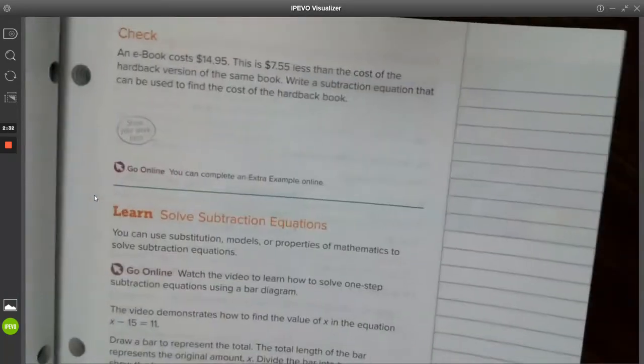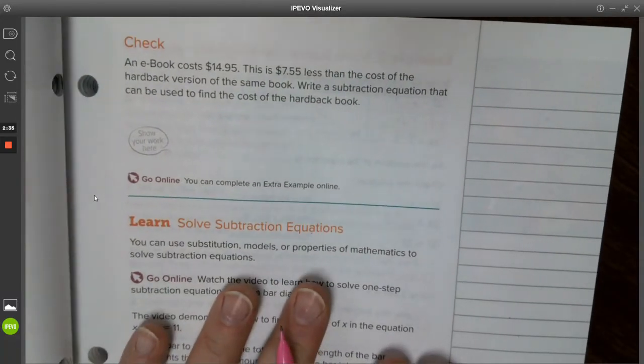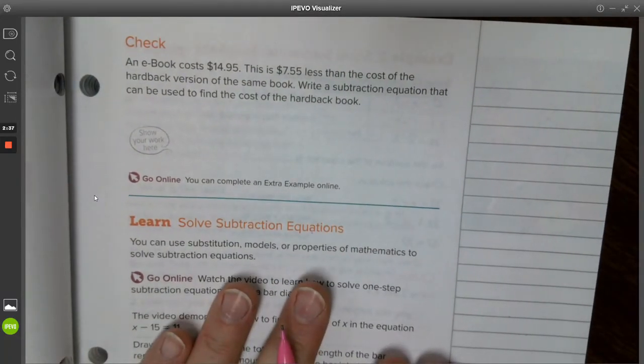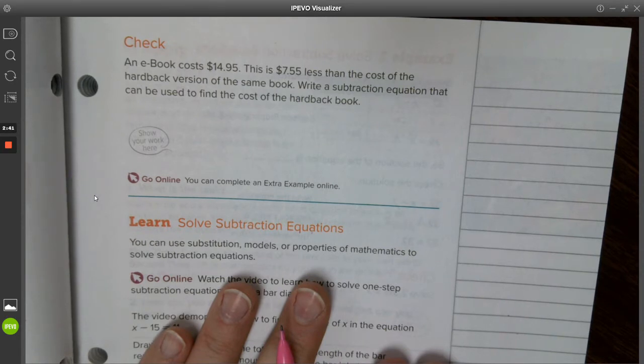Let's go ahead and try the check. As always, pause here and see if you can do it on your own. It says an ebook costs $14.95. This is $7.55 less than the cost of the hardback version of the same book. Write a subtraction equation that can be used to find the cost of the hardback book. So pause here, see if you can try it.